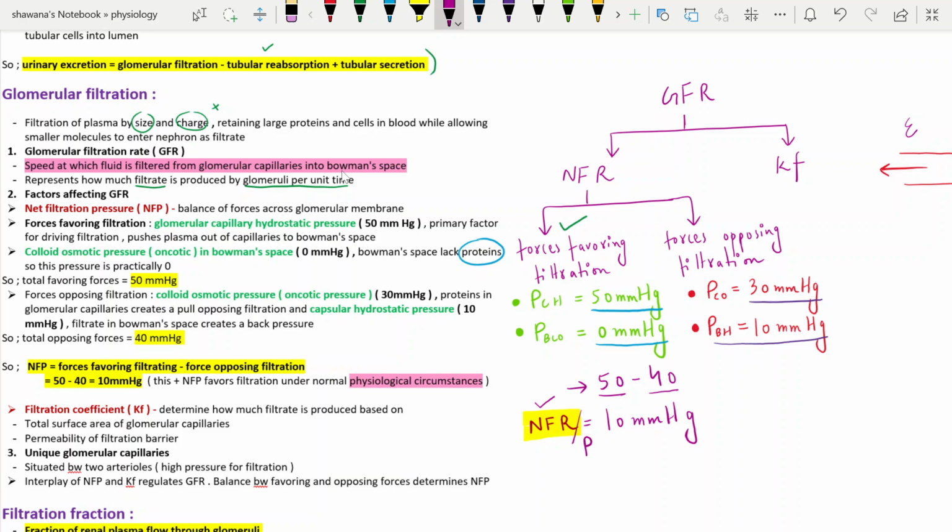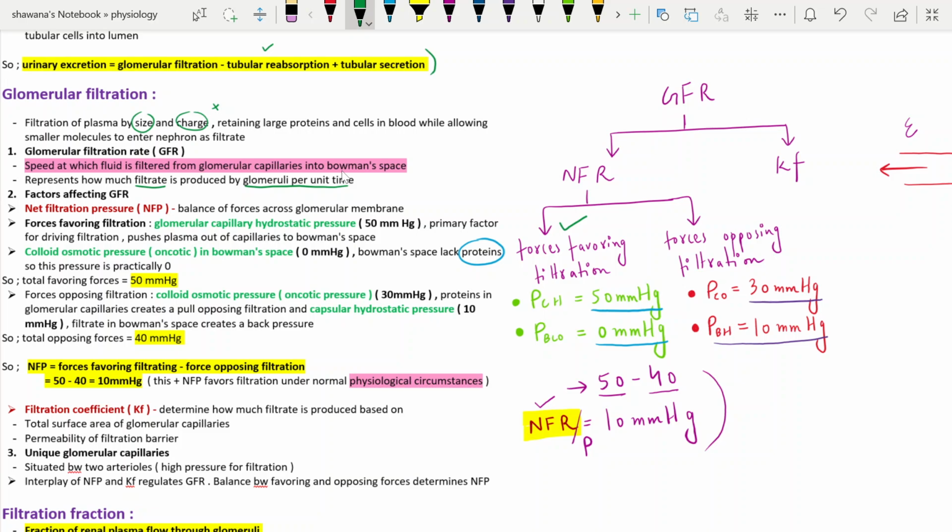So this is under the physiological circumstances. Any pressure that is exerting in this space is either favorable or it is opposing. So under the physiological circumstances, when the urine is formed, when the filtration is occurring, normally the forces which are favoring the filtration are slightly more than the forces opposing the filtration.